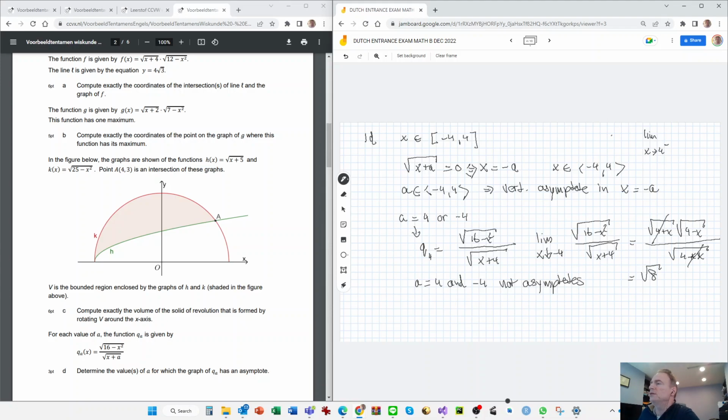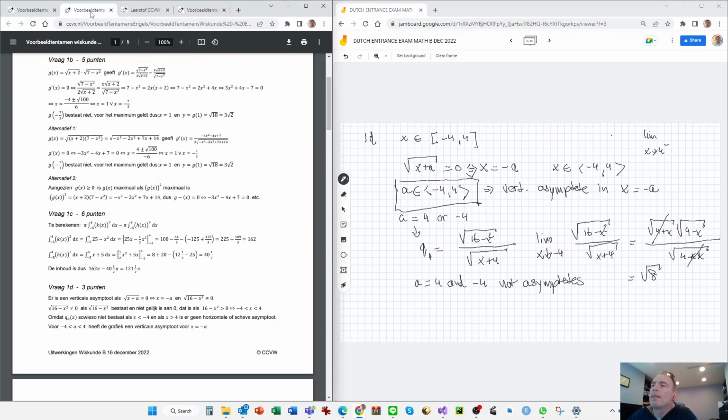So the answer in the end is this range for a. It will have this asymptote at x equal to -a. Let me see here.